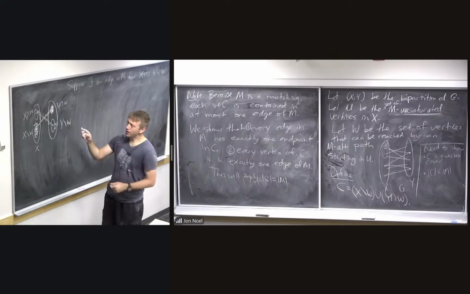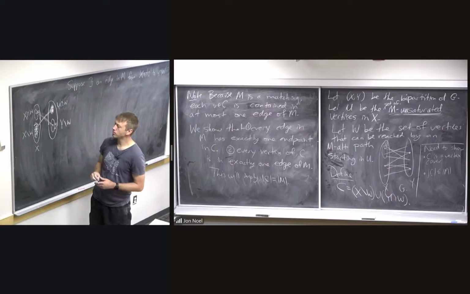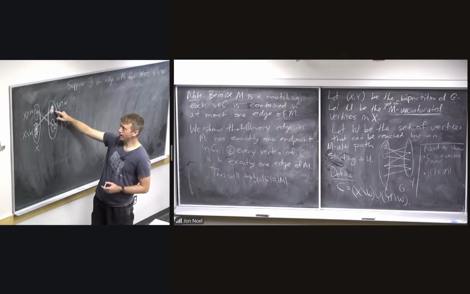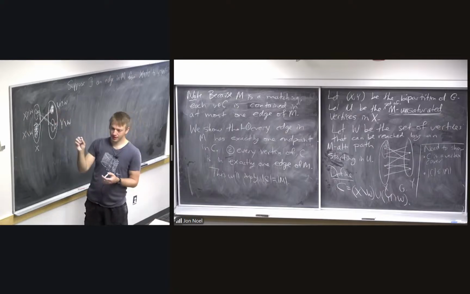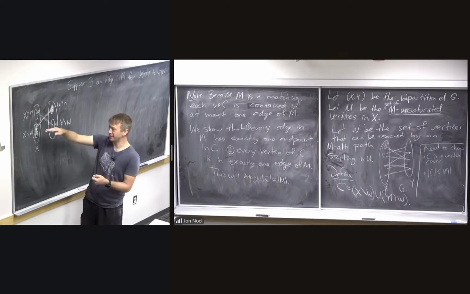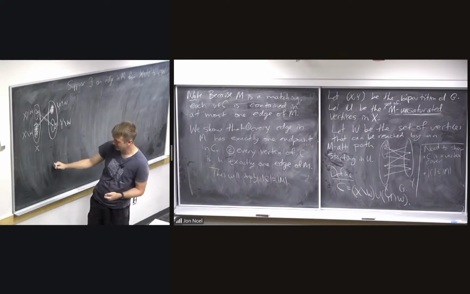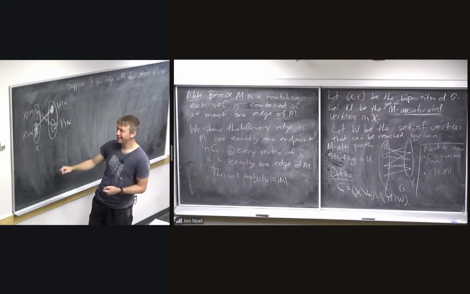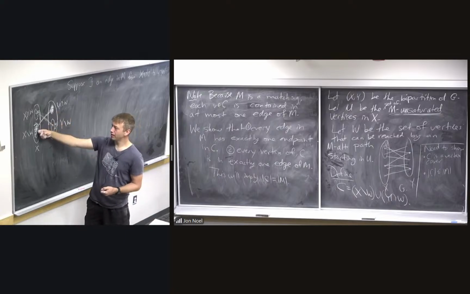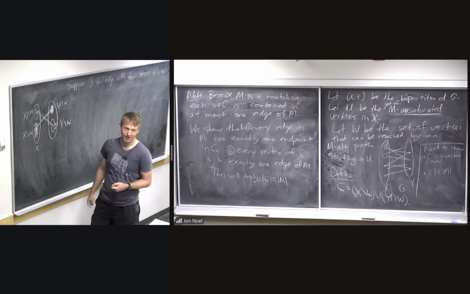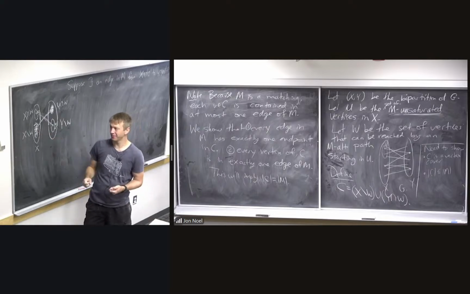I think maybe the argument is this: there's an alternating path that starts at U and ends here. The last edge of that must have been not in the matching. It goes not in the matching, in the matching, not in the matching, in the matching. The last one was not in the matching, but then that's going to give me an alternating path that goes to here, just by following the next edge.